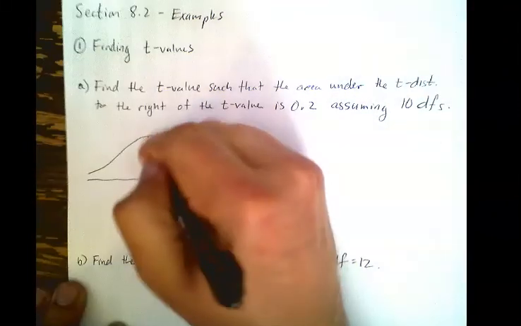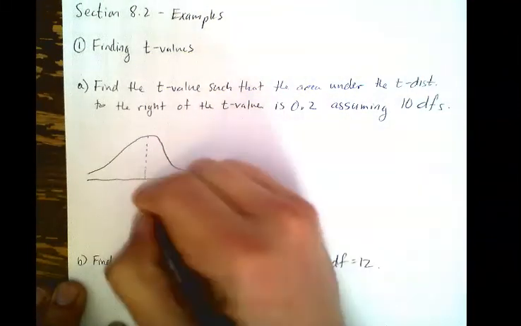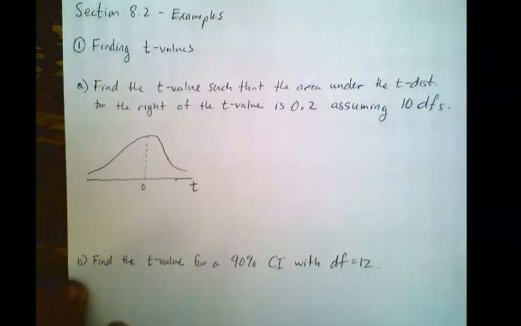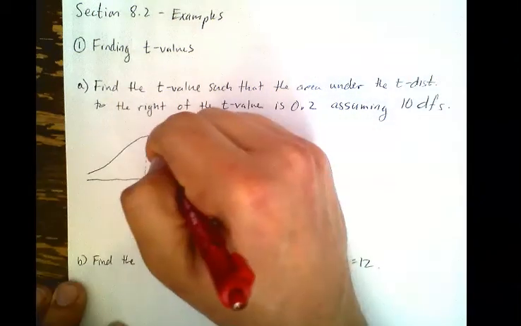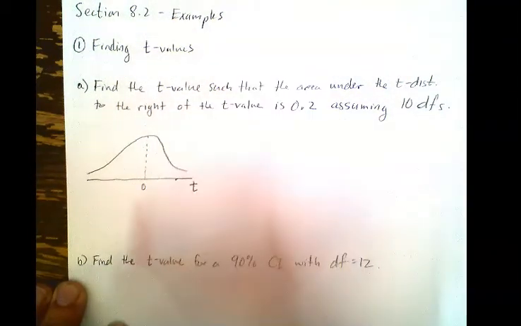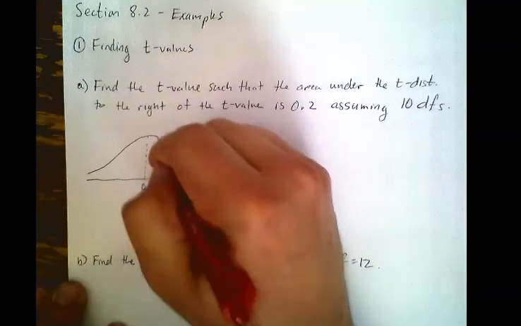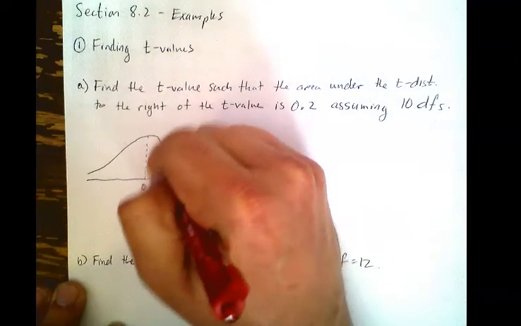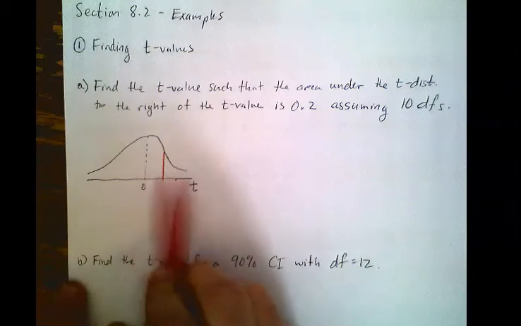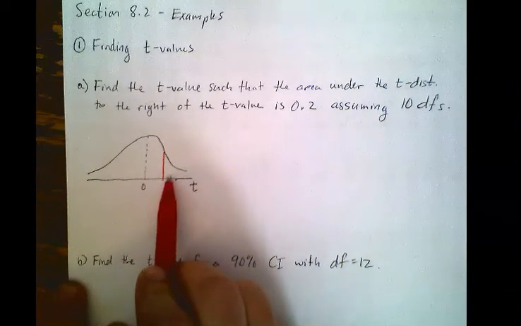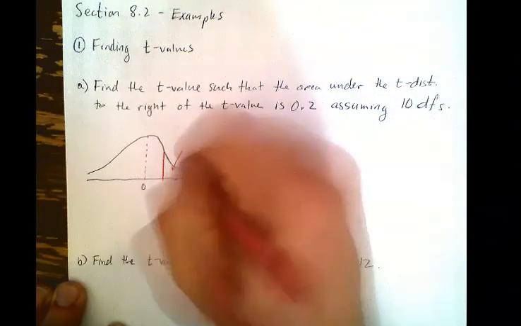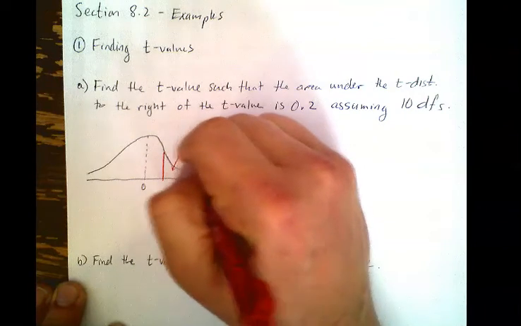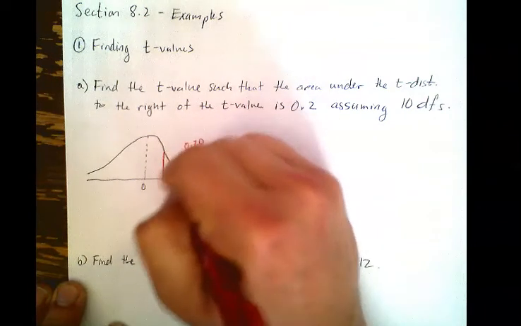So here we want to find the t-value. 0 is our average. T-value such that 0.2 is to the right. So if 0.2 is to the right, our t-value is going to lie over here. It's going to be bigger than 0. So we know that 50% lies to the right of 0. So we know 20% is in here, 0.20.